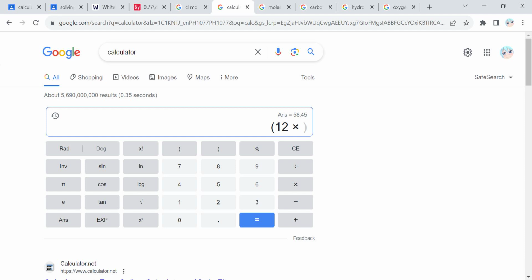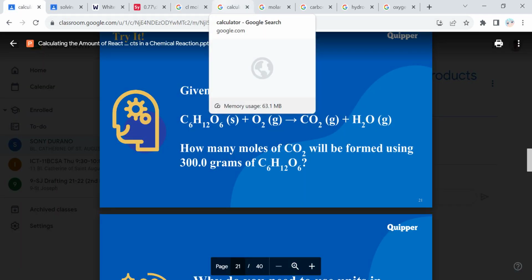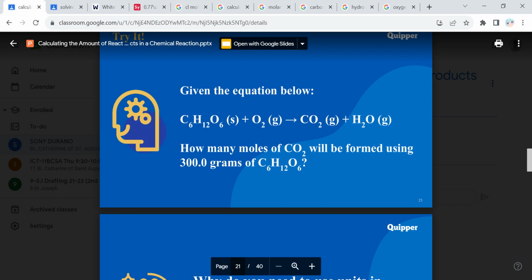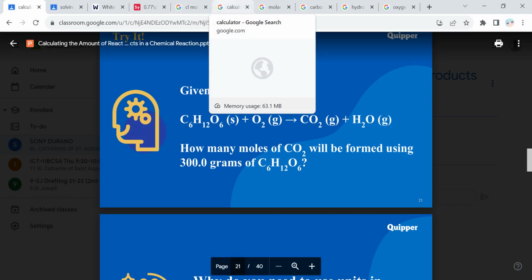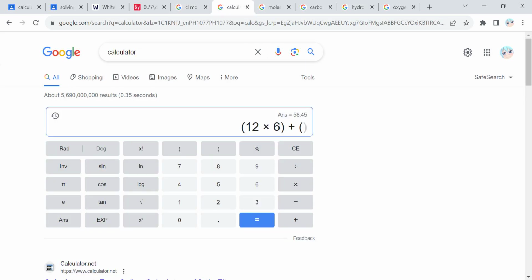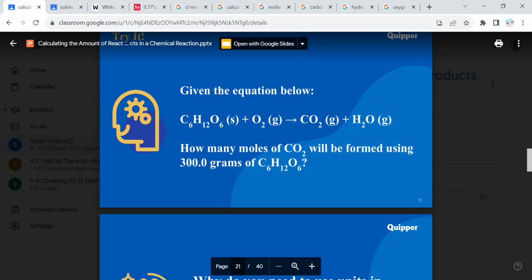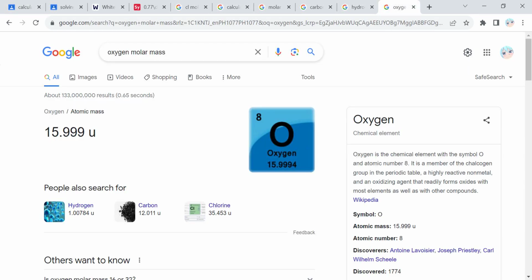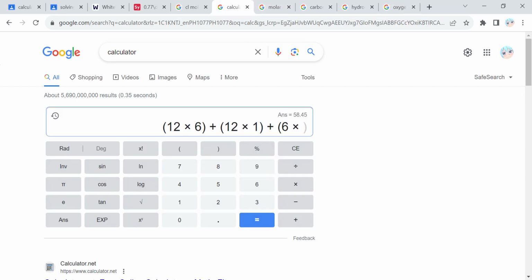So let's just round them off. 12 times 6 plus 12 times 1, I think hydrogen is 1, yep, plus oxygen is 16 if you round it off. 6 times 16 should give us 180, if we round them off, that is.